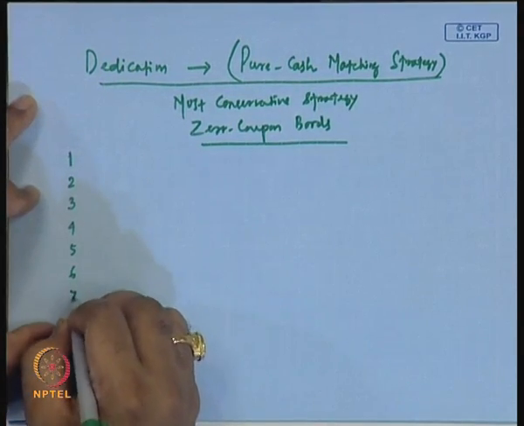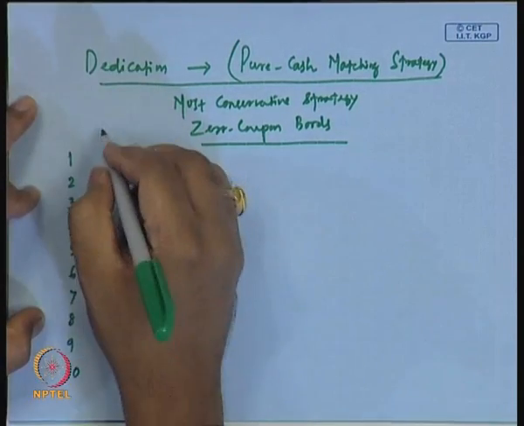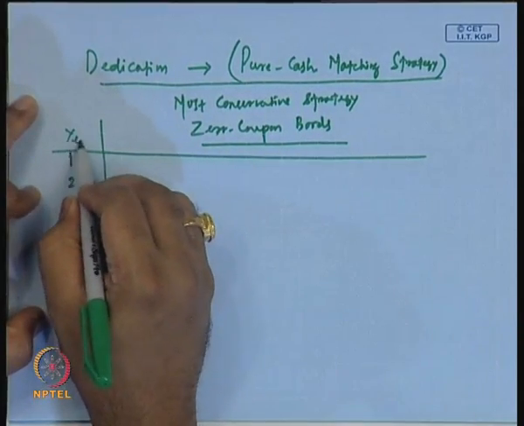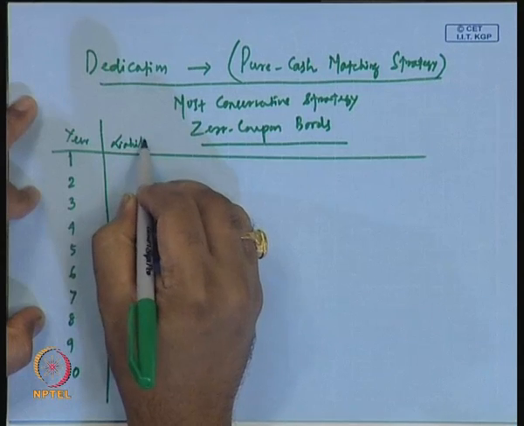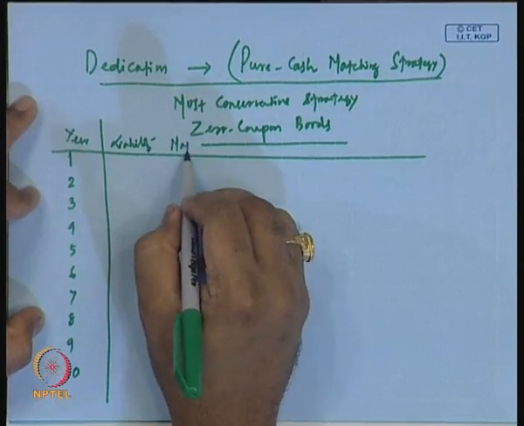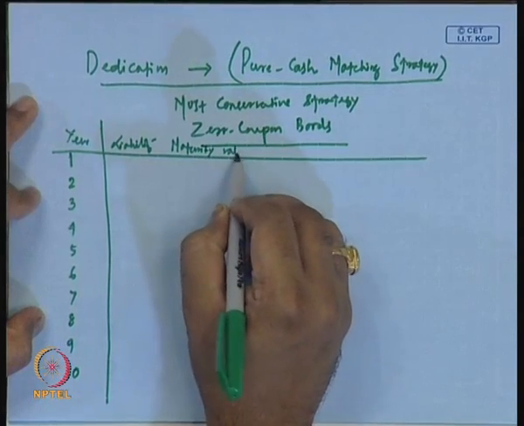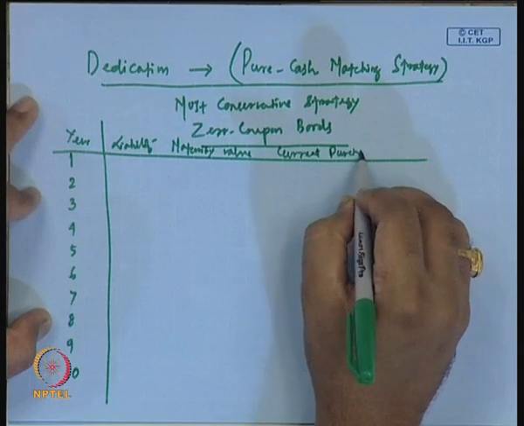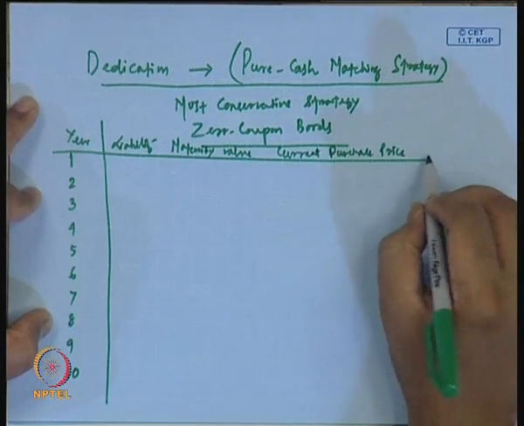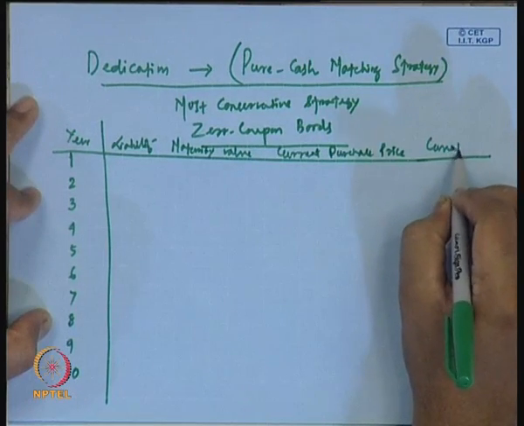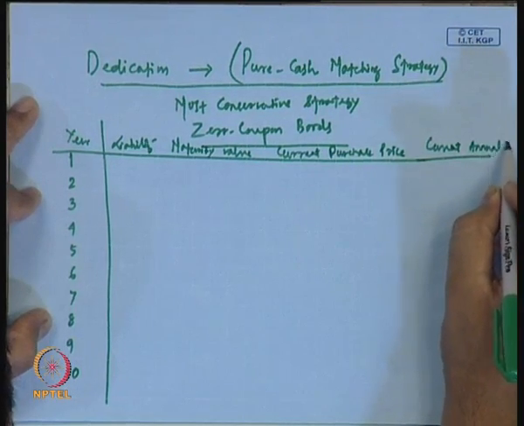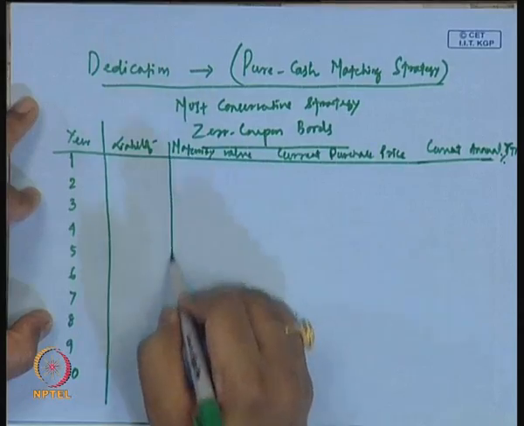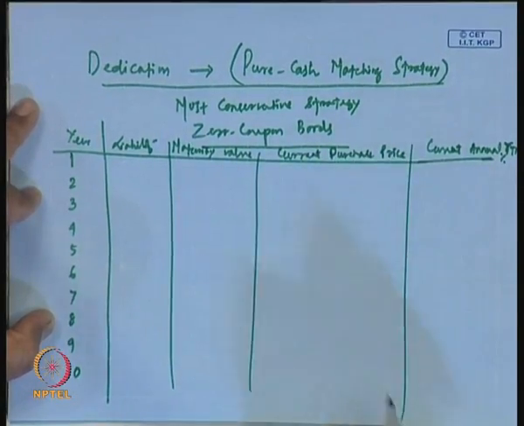This is your year, this is your liability, this is your maturity value, this is your current purchase price, and this is your current annual yield to maturity in percentage.